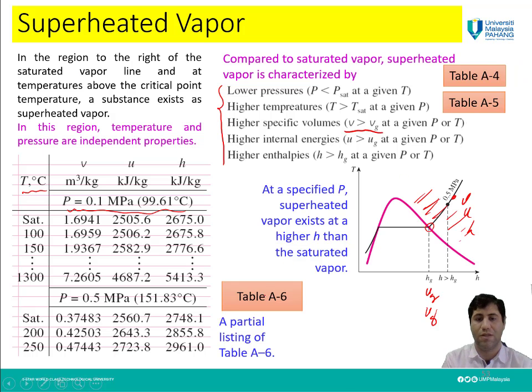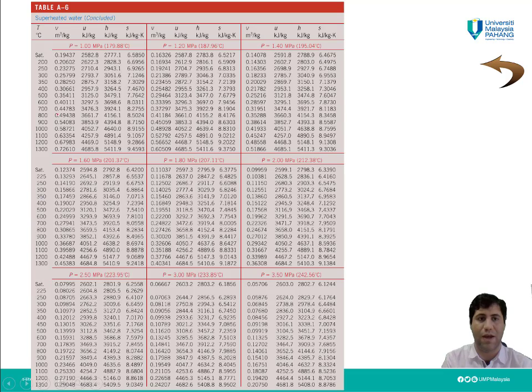And even in table A6, you can see here we have 200, 250, 300 degrees Celsius as saturation temperature. But what about 220 degrees Celsius, for example? How about other temperatures?